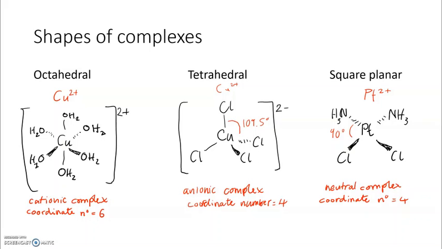So essentially, if you have a combination of central cation and ligands that's going to lead to more crowding around that central cation, in order to minimize electron pair repulsion in the complex, you will go for a tetrahedral species. So if the transition metal ion is particularly small, so towards the top of the d block, and the ligands are relatively large in size compared to that central transition metal ion, you will go for a tetrahedral shape in order to minimize electron pair repulsion.